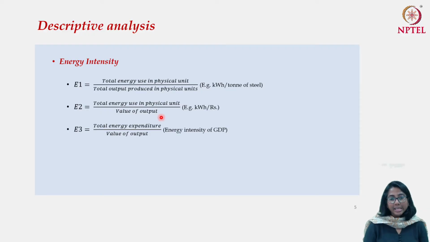Again, you are losing some specification here, but if you think about a macro indicator like energy intensity of GDP, this is probably more useful and more representative, because there are various sectors in the economy for which you will not be able to get data on E1 or E2, because you don't have access to data on total energy use in physical units. But what you have data on is the volume or the value of market transactions.